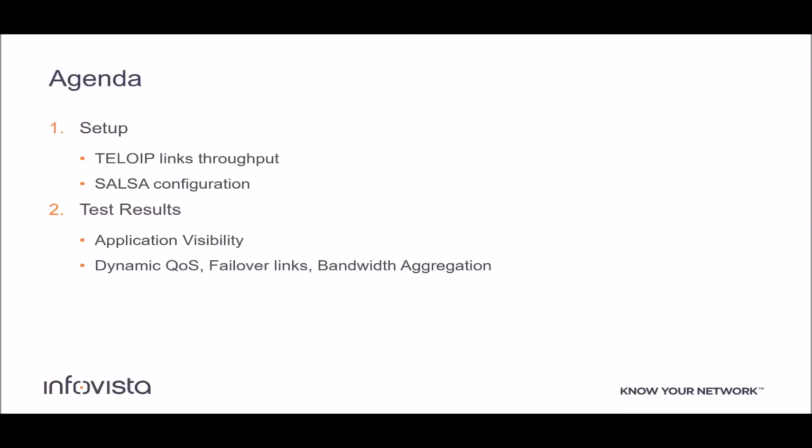And in the second video, we are going to see some results about application visibility, dynamic quality of service, failover, and bandwidth aggregation when we have congestion in the network, and how we can guarantee user experience for mission critical applications over the SD-WAN.